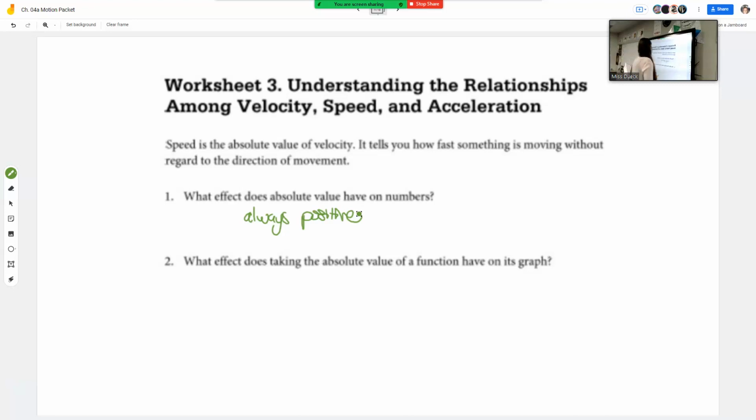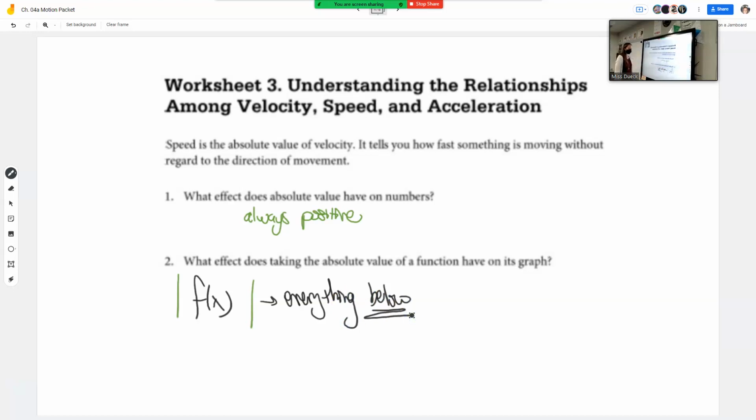Absolute value on its graph, if I have the absolute value on the outside of something, what happens? Everything below, which is like negative valued, right? Everything negative valued or everything below the x-axis flips up. All negative area becomes positive. That's a calculus idea.